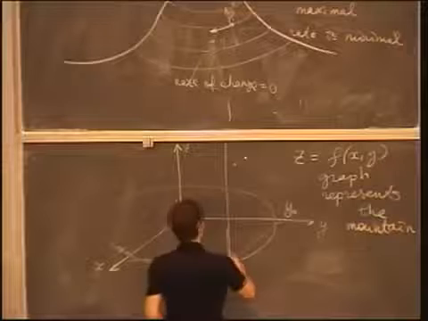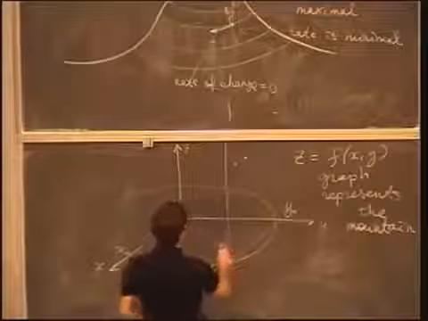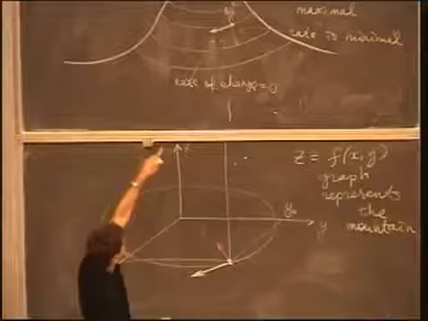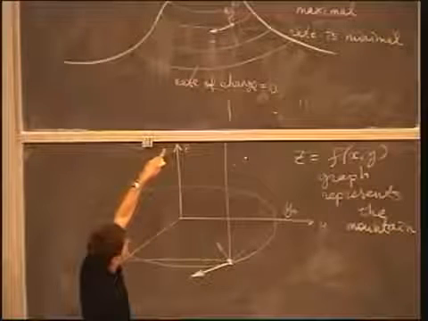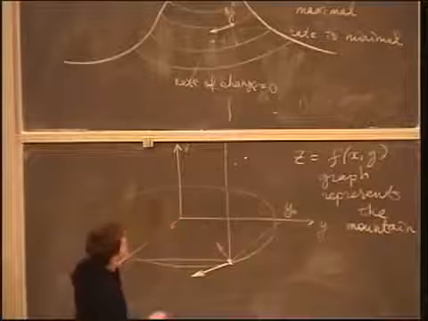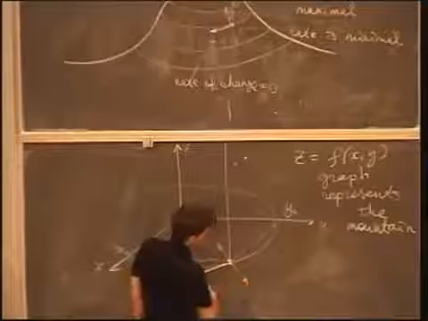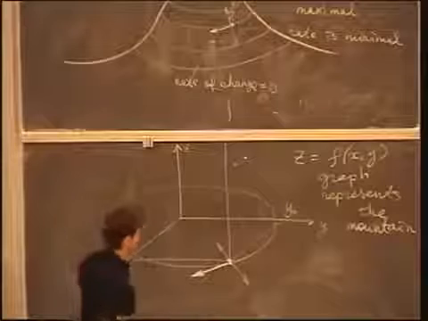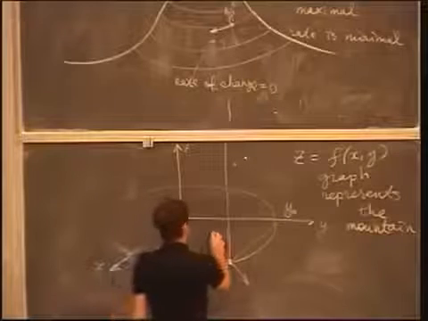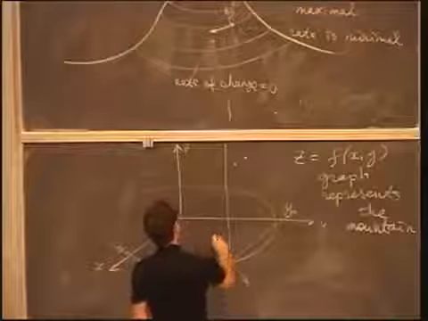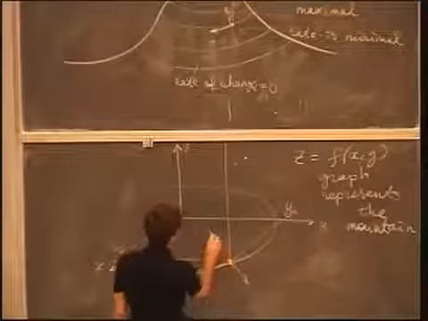This is the direction on the xy plane which will correspond to the path of steepest ascent, for which the rate is maximal. And this will be the direction for which the rate will be minimal. So this is what we call the rate of steepest descent.